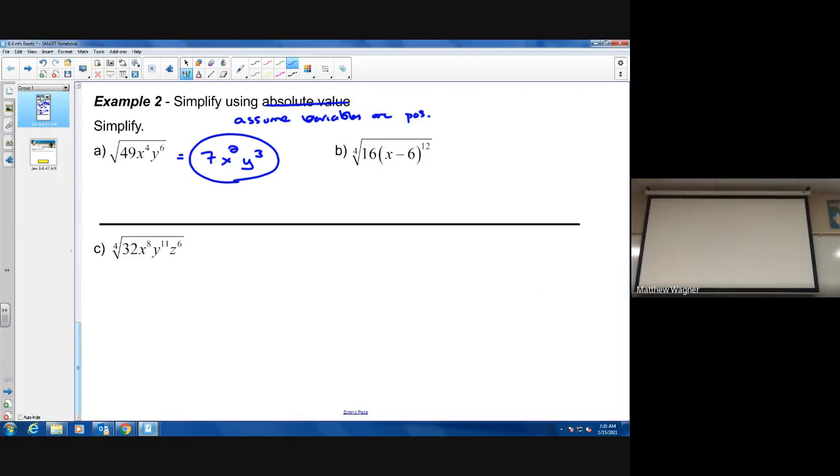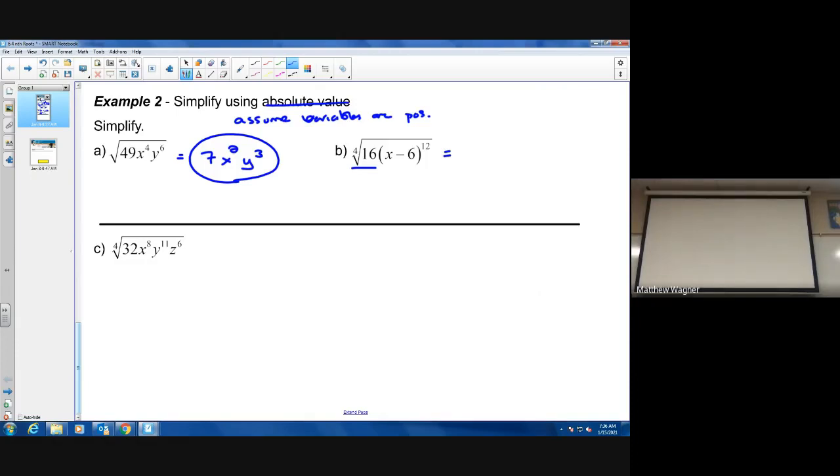In situations like this, if our variables were negative, we'd have to account for just our positive values, and you might see an answer in the textbook where our odd power is surrounded by absolute value bars. Again, that's not something we're worried about. At this stage, we want to take the 4th root of 16.